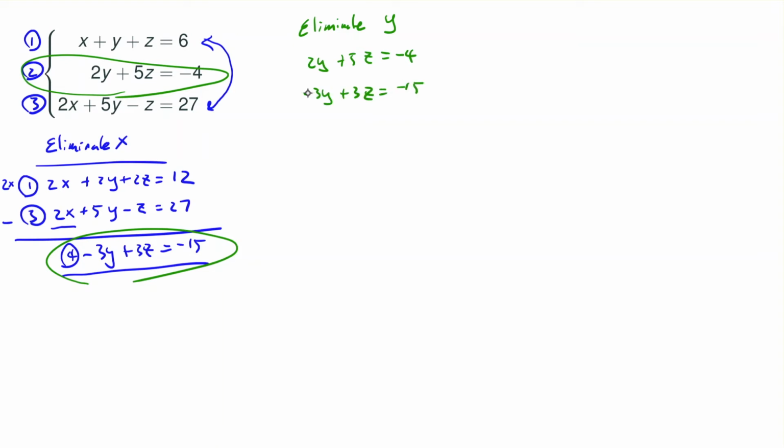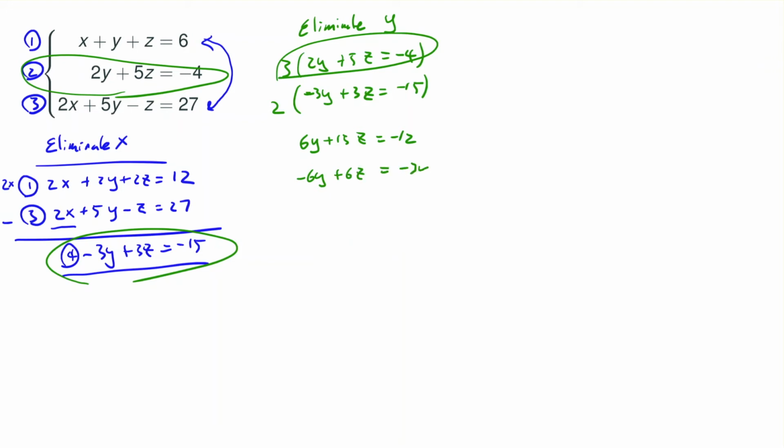In order to eliminate y, we have to have at least the same number. We can be different by sign, right? So I'm just going to multiply 3 here, and I'm going to multiply 2 here. Then I get 6y, so I'm doing this one right here, plus 15z equals negative 12, and negative 6y plus 6z equals negative 30.